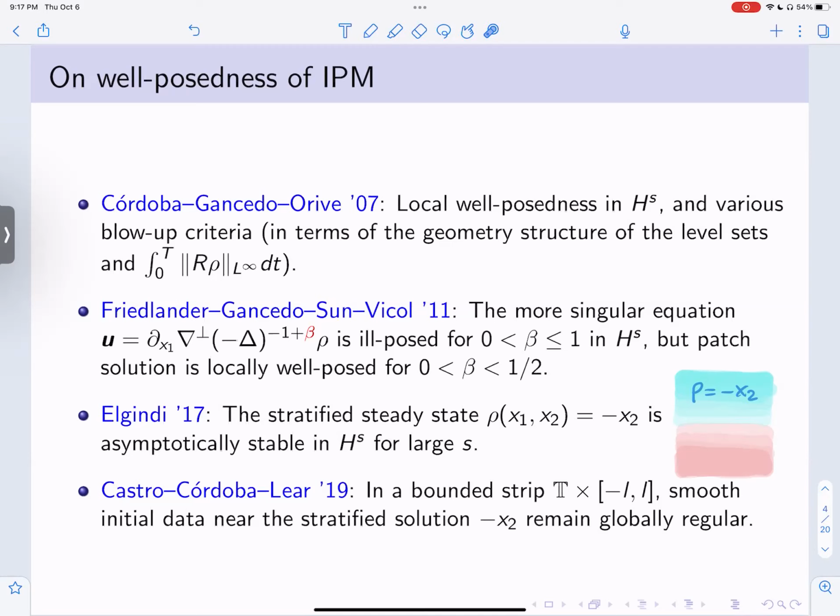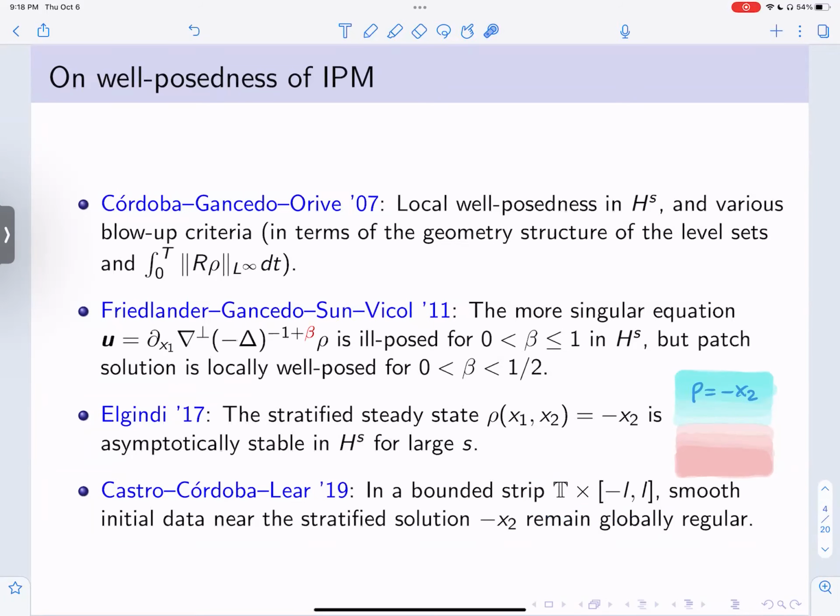Another result by Castro, Córdoba, and Lear considered the stability where the domain is a strip, periodic in the horizontal direction and with two boundaries in the vertical direction.